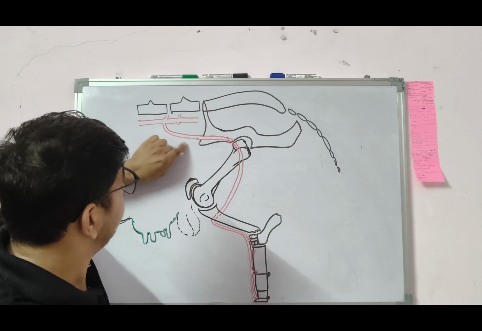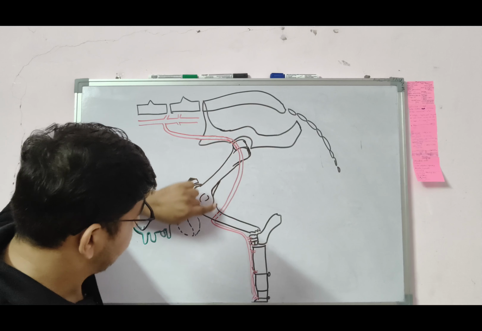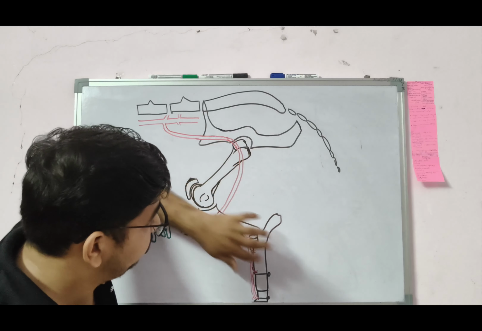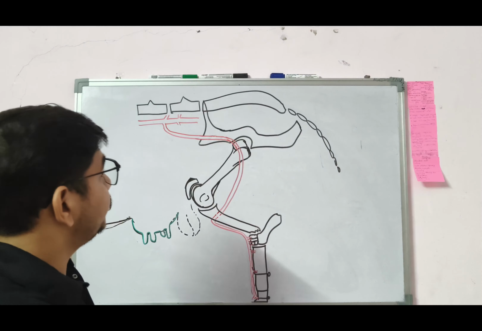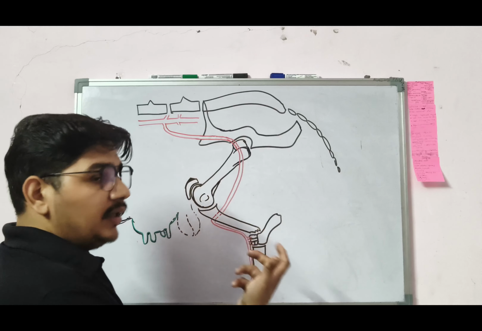This is the main branch which continues as this, and different branches will emerge out from this branch. So we are taking one by one the branches.